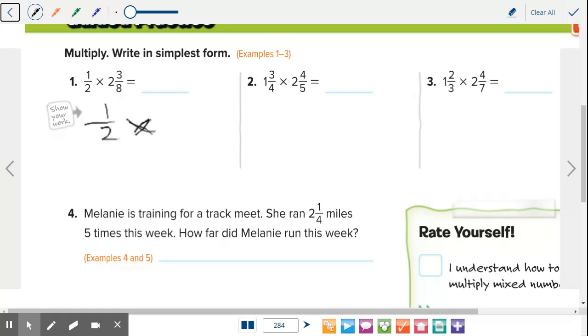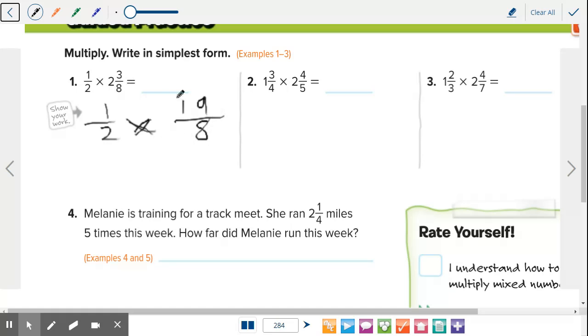What are we doing? Camden? Yep, 2 times 8, which is 16. Yep. And 16 plus 3 is 19. Yep, so we get 19 over, and then you keep the denominator, over 8.